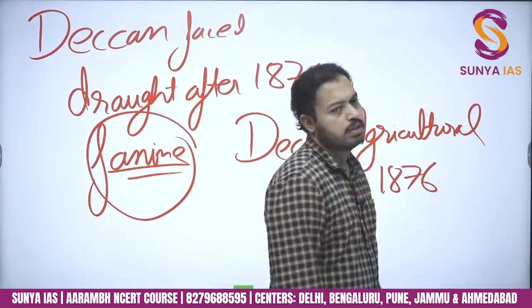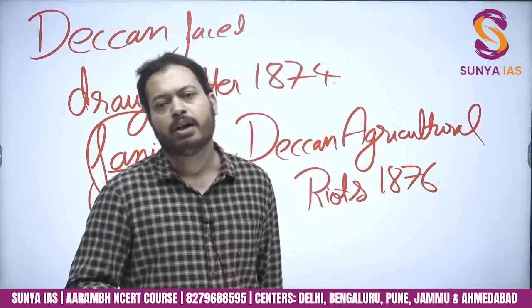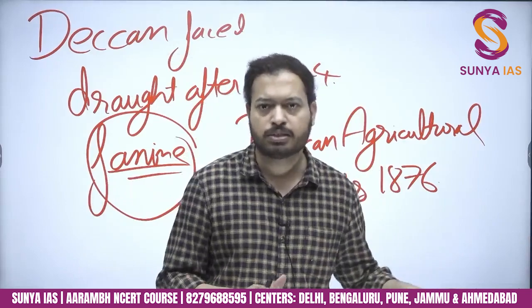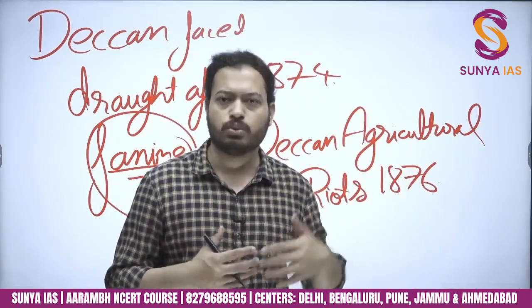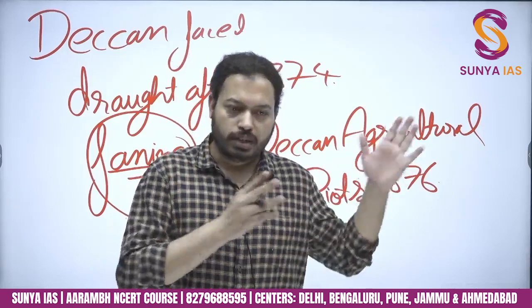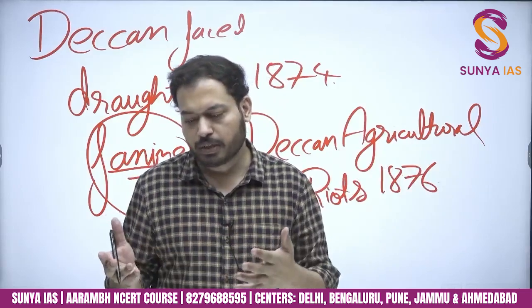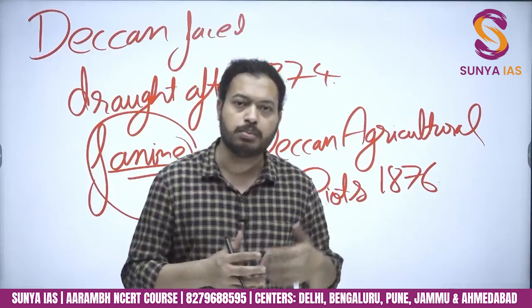After this, the British government took its steps, and some intelligentsia, just like in the case of the Neel Darpan, the Indigo Rebellion, where the Bhadralok, the intelligentsia from Calcutta, supported the people.